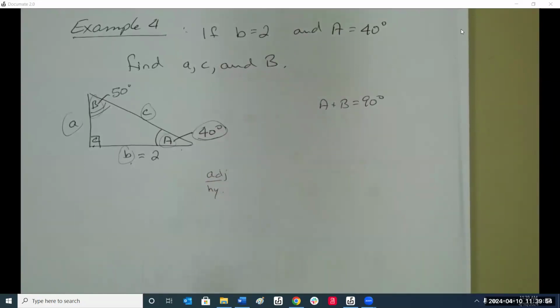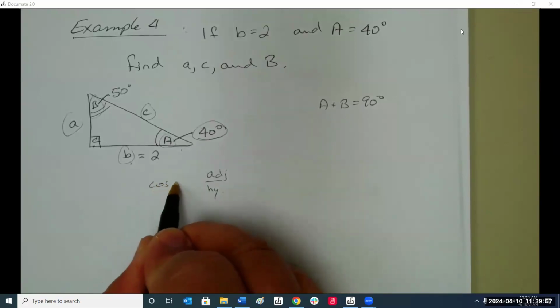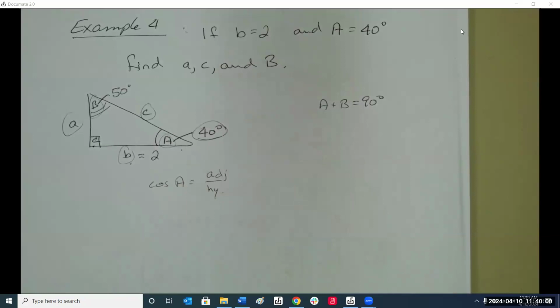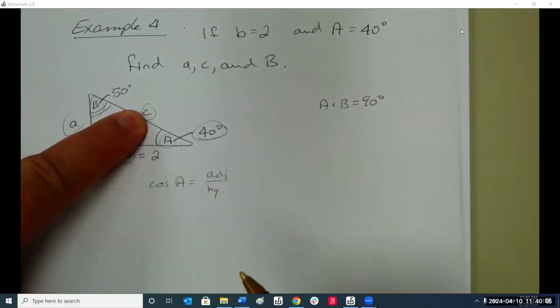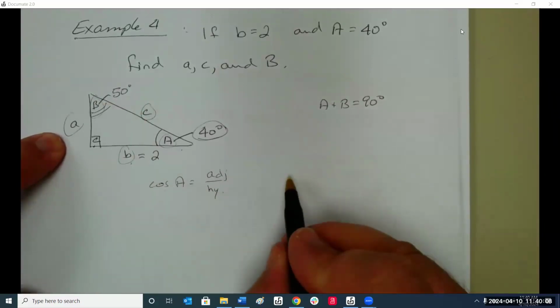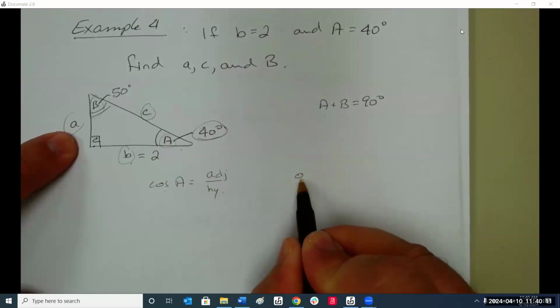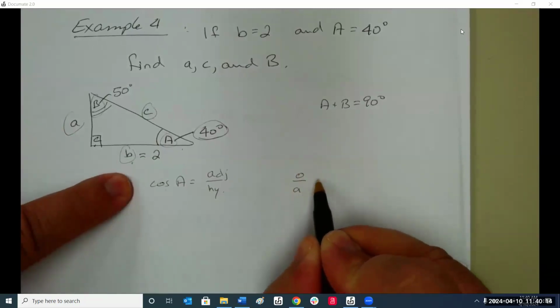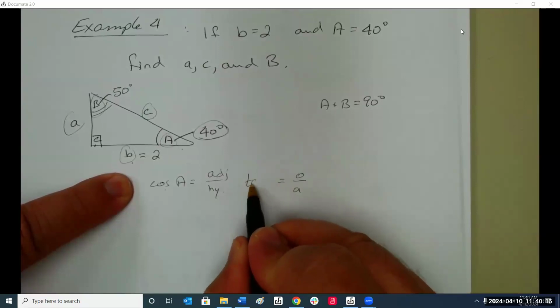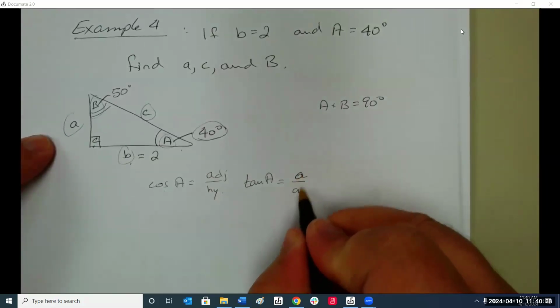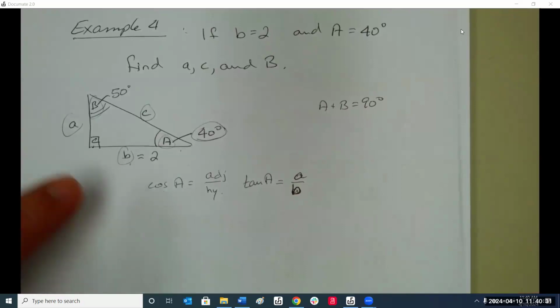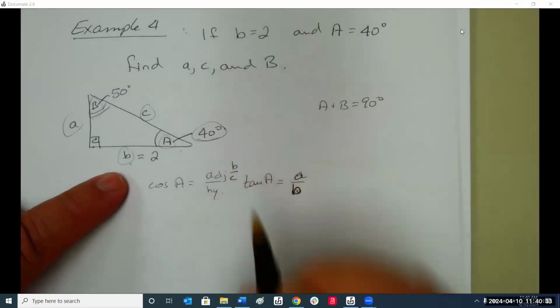What's that? That's cosine. What's another one? So here we can figure out the hypotenuse using cosine. How do we figure out this one? A is what? Opposite over adjacent. If we do that, then we use tangent of alpha. So that's A over B. This one is B over C.